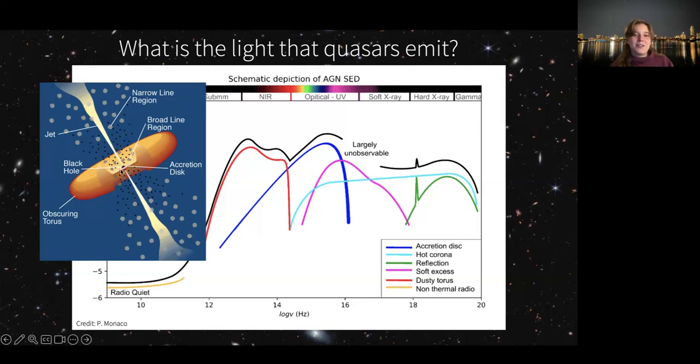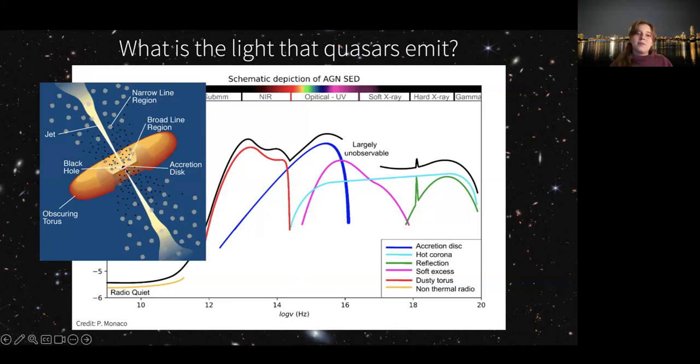Following up on the earlier question, this accretion disk, right in the middle over here, if you can see my cursor, tends to be embedded in a larger structure, this obscuring torus. This is dust a little further away from the black hole, which is what you see in red. It usually shows up in the near infrared.